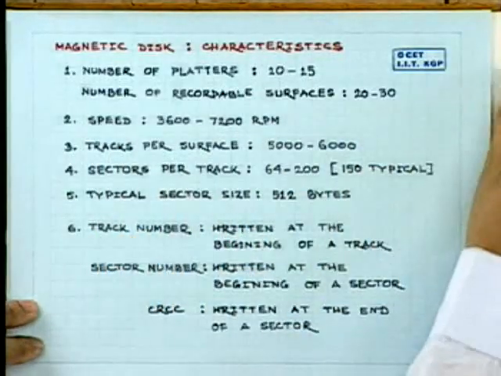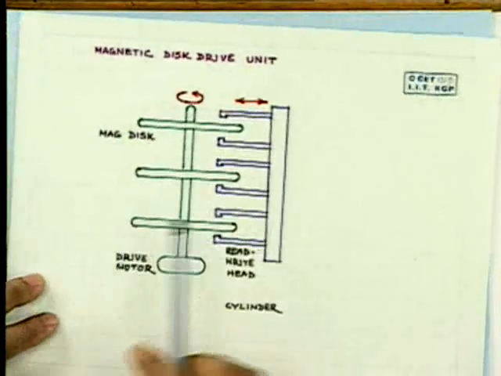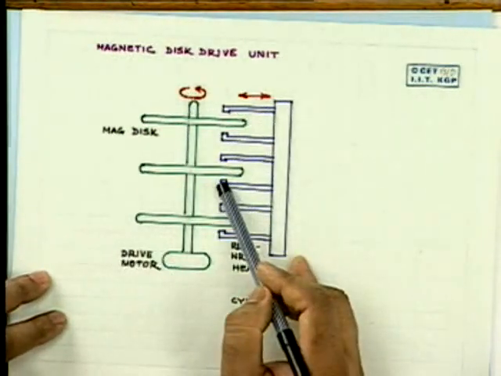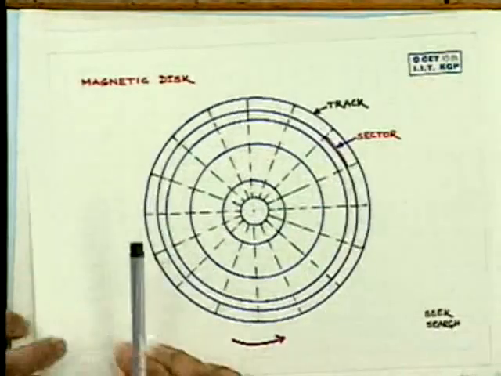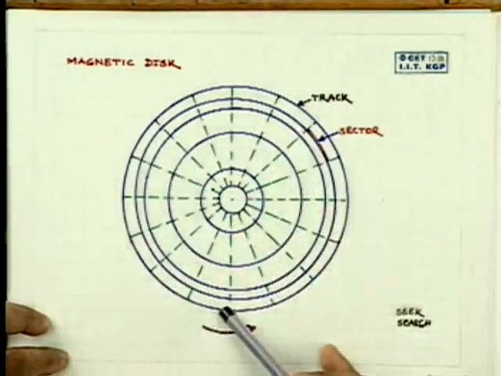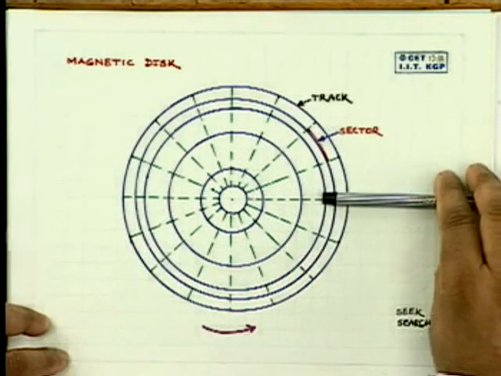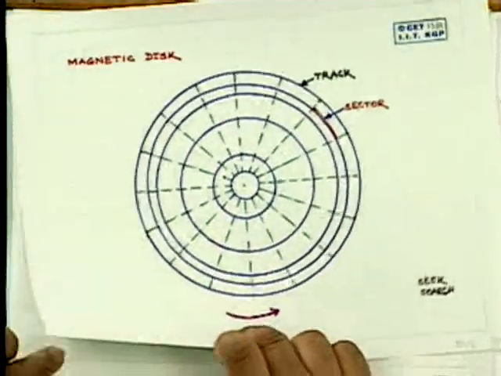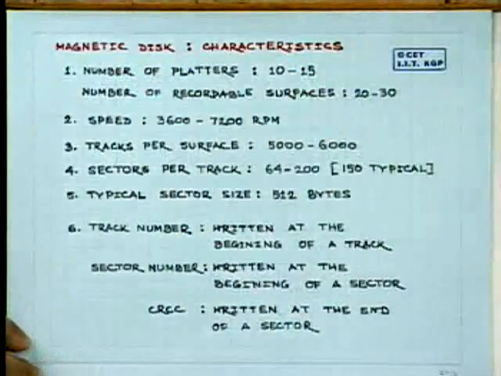The speed of rotation can be 3,600 to 7,200 RPM. This is very important, because depending upon this speed of rotation, the access time will depend. How it depends, we'll come to.